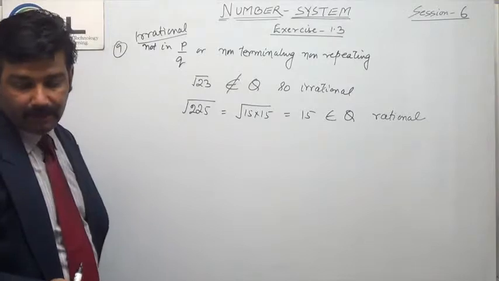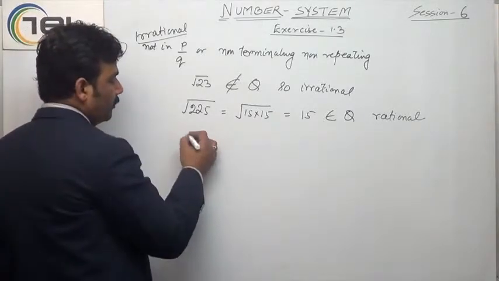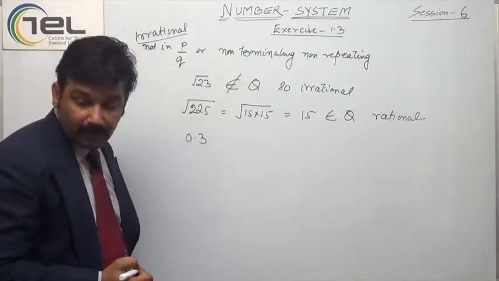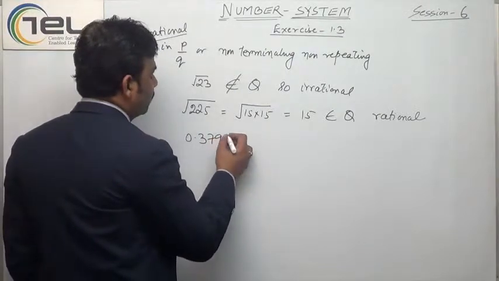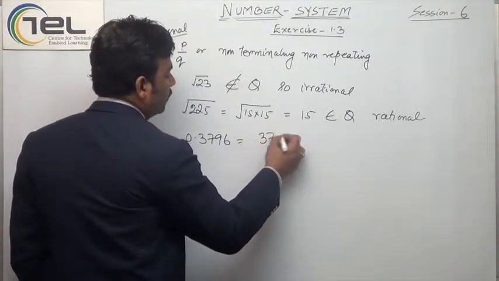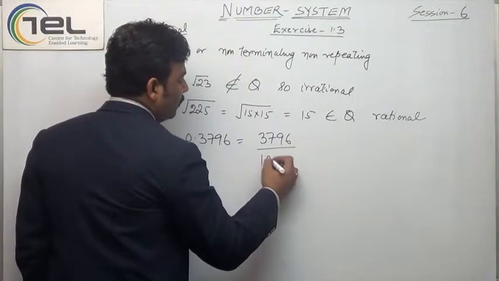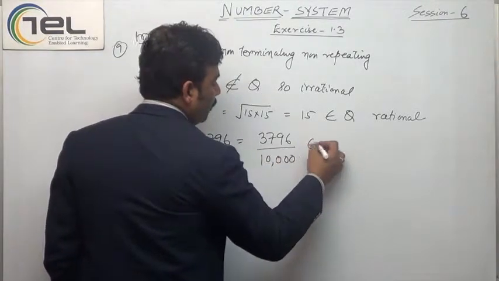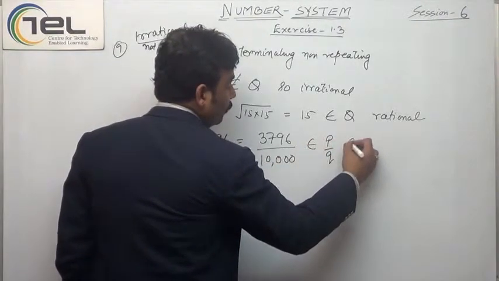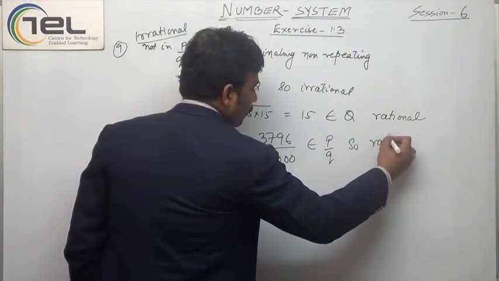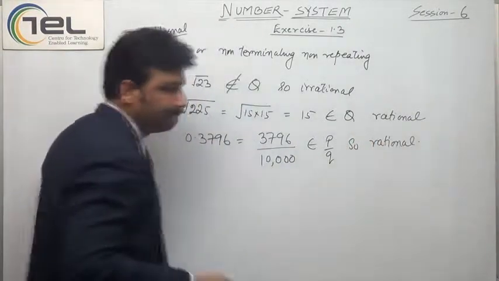The other one is 0.3796, and it can be written as 3796 over 10,000. It is in the form p/q, so rational.